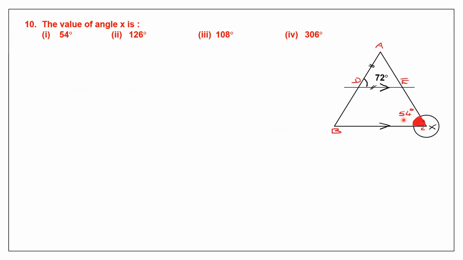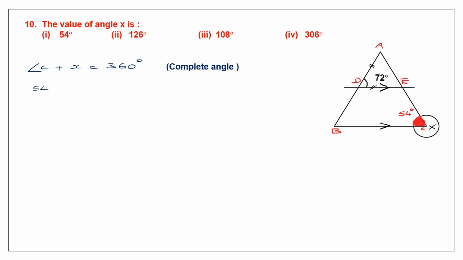Now can you see this 54 degrees at angle C and this whole thing make one complete circle? That means it's a complete angle, which is equal to 360 degrees. So we can write that as angle C plus X is equal to 360 degrees. Now why is this so? Because they form a complete angle. And how much is angle C?